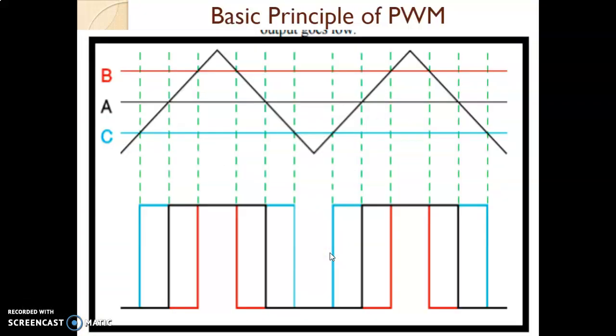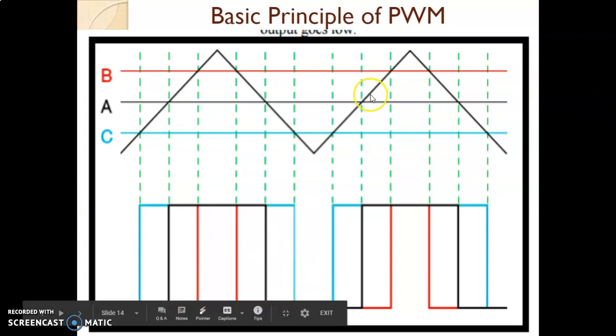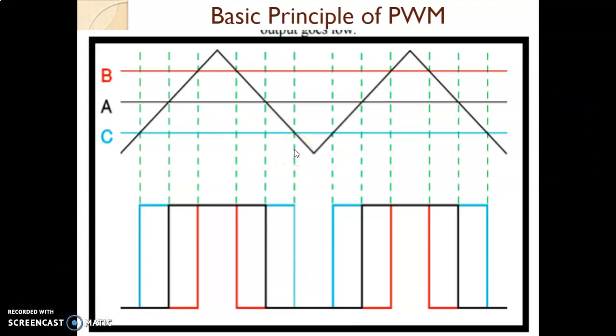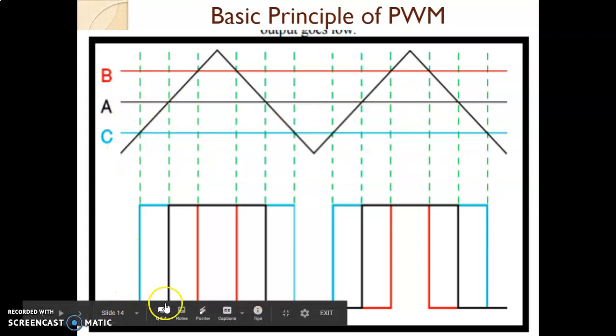Now let us understand the basic principle of PWM with the help of this graph, that is, how the PWM signal is generated. You can see there is a triangular wave marked with the black color. There are three levels, A, B and C, marked with different colors. Consider that only level A is marked. Originally the output is 0.